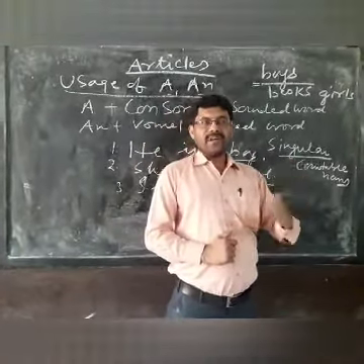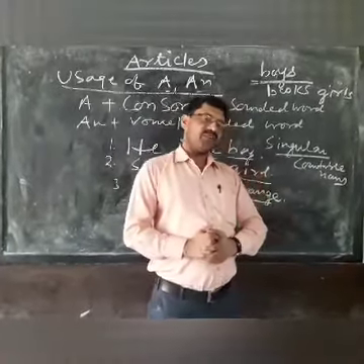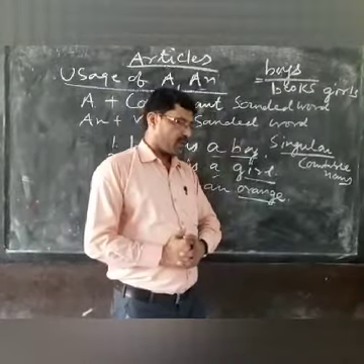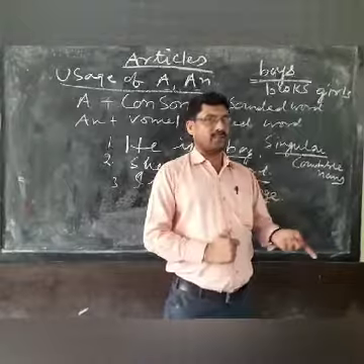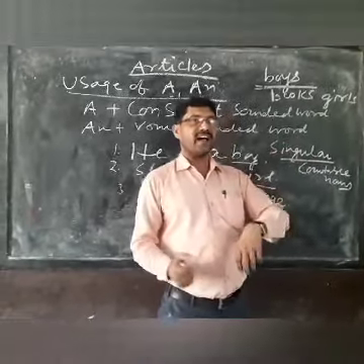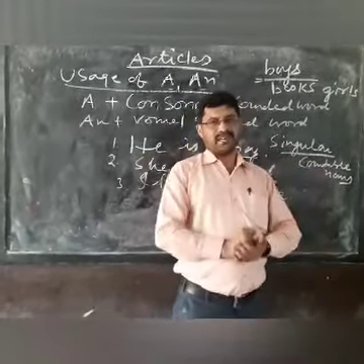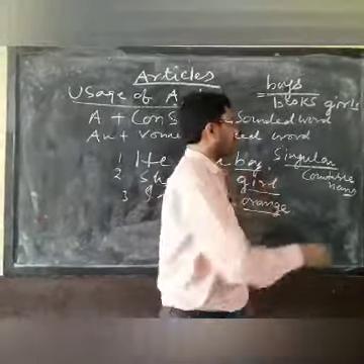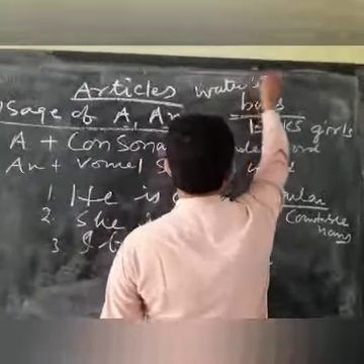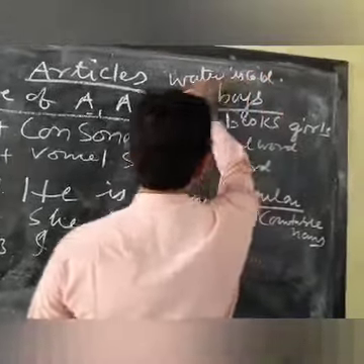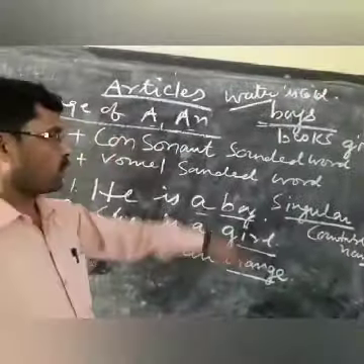Now, can we use a and an before uncountable nouns? We can use a and an before uncountable nouns when they are used as countable nouns. Suppose water. Water is cold. Can you say, "A water is cold"?